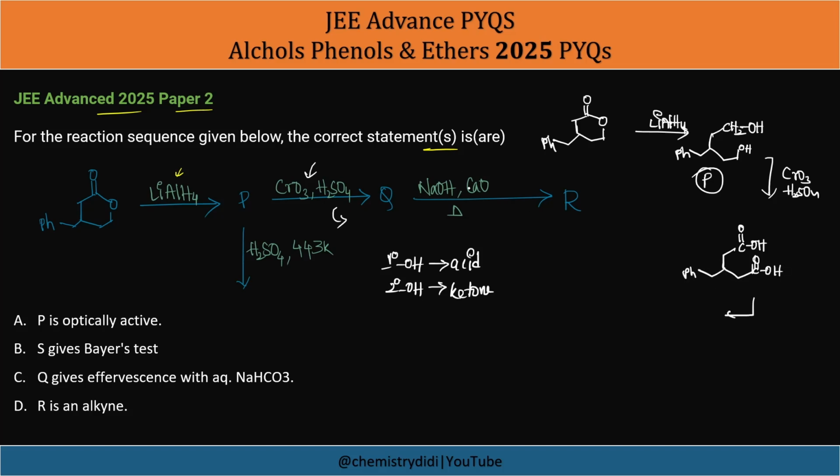And in the next step, here we have got this product Q. So when you treat this acid with soda lime, decarboxylation happens, CO2 will be removed. Okay, fine. How to write the product? You just remove this CO2 over here, and we'll get the product. This will get removed, right?